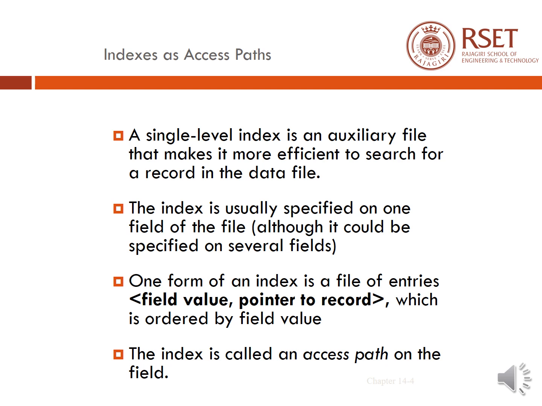It will have mainly two values, a field value and a pointer. The field value indicates the entries in the database so that each record can be uniquely identified, and from that, a pointer tells how to go to the record. That's why the index is called an access path on that field.